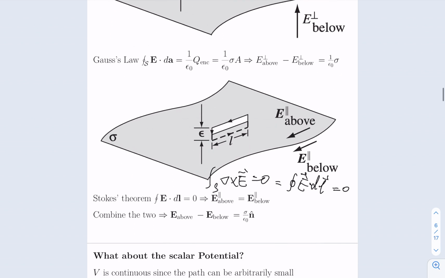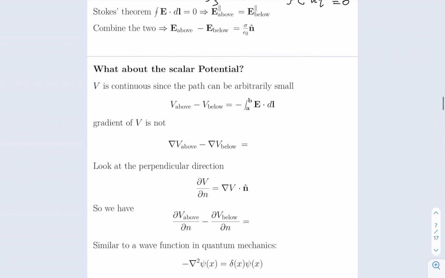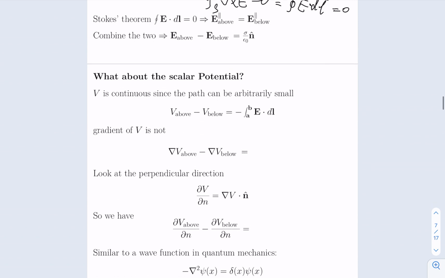So this is a very powerful expression, and there is also a similar expression for the magnetic field, and I've seen some of the problems simply asking you what's the field right above or below this surface. So if you cannot tell this result immediately, you have to be able to derive them using the Gauss law and the Stokes theorem.